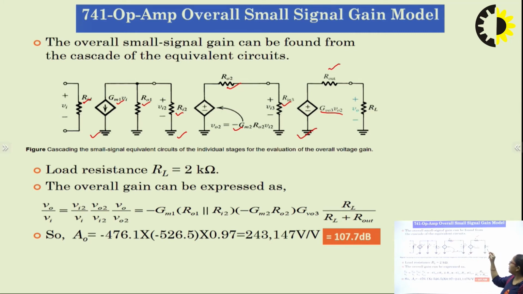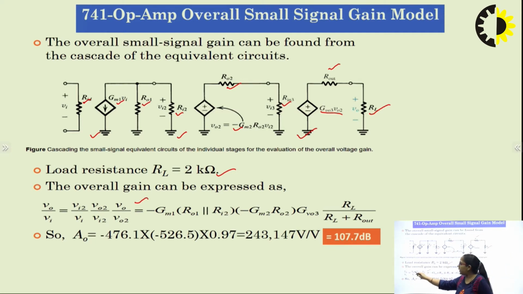To calculate now the overall gain value of the op-amp IC, how we can calculate? Let us consider that at the output we have connected a load resistance of value 2 kilo ohm. By considering this, we have done this calculation. Here, the overall gain of this op-amp IC can be expressed with the help of this expression, where the final output voltage upon input voltage is equal to the multiplication of gain of individual stages.